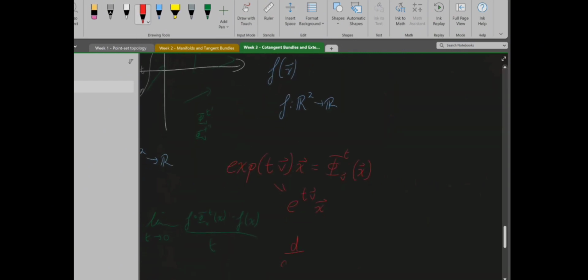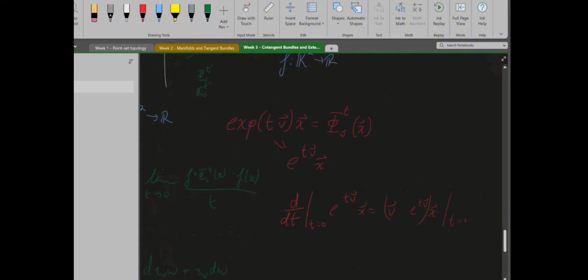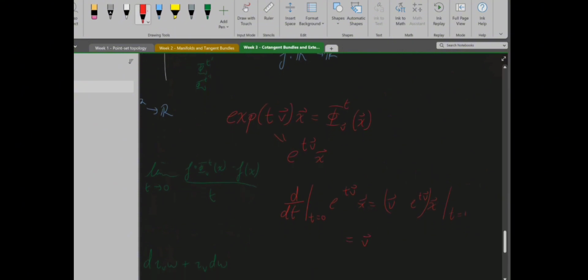The derivative with respect to t at t equals 0 of e^(tV) x is equal to V applied to e^(tV) x at t equals 0. Sorry, you don't put an x here. You just put in this.